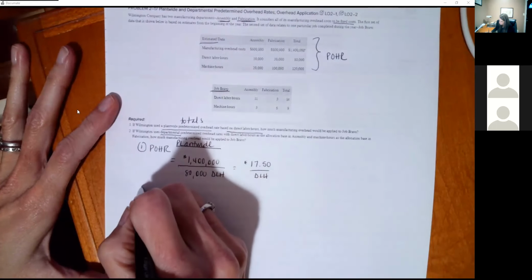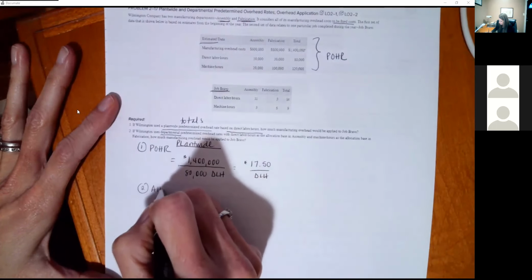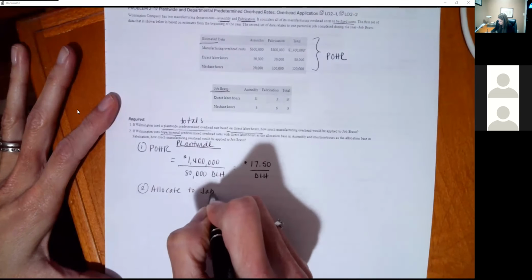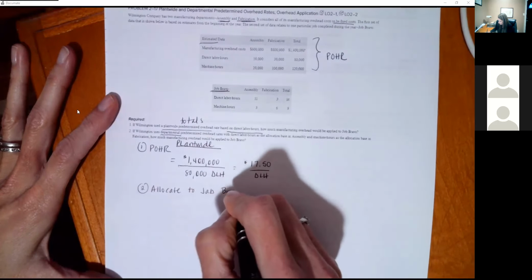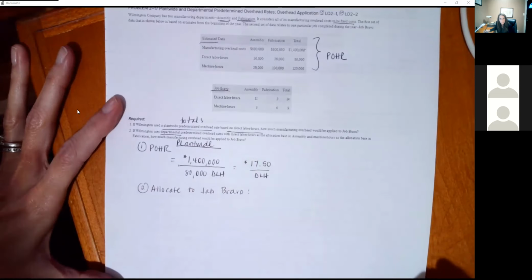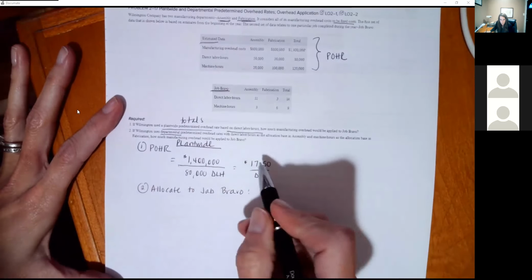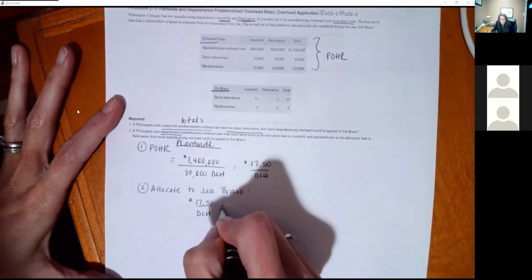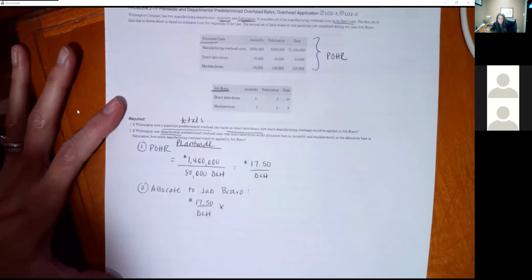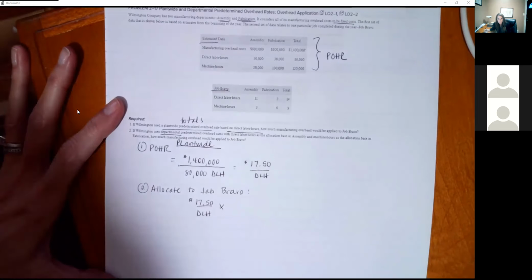Right, and then step 2 is we're going to allocate to job Bravo. And so we use that $17.50 per direct labor hour. And what do we multiply that by? 14. 14, good.